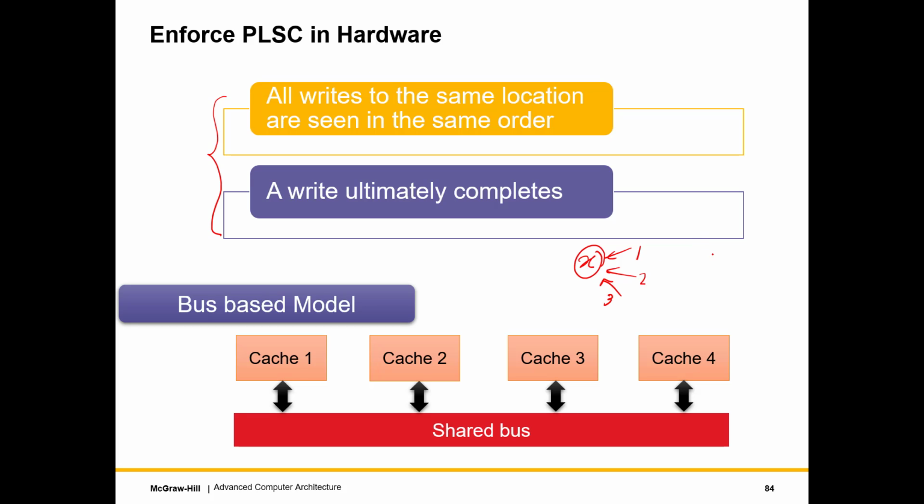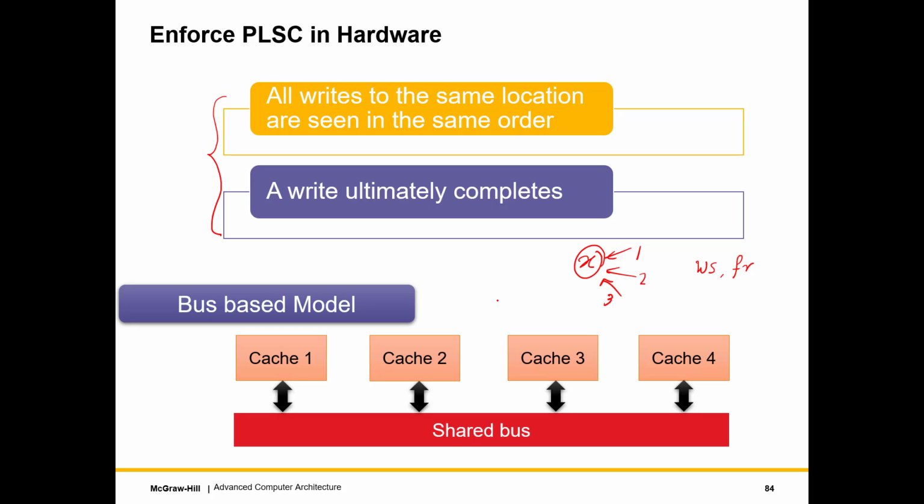Based on this, when we were creating our execution witness, we made the WS edge and the FR edge global, in the sense that there is complete global agreement about the order of writes to a single location. Then we had one more condition which did not come from PLSC, but which basically said that all writes ultimately complete.